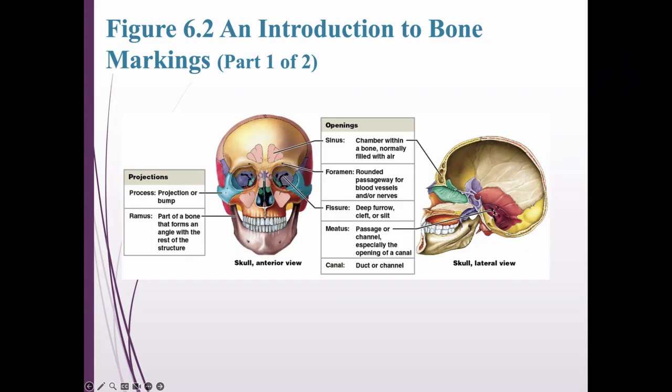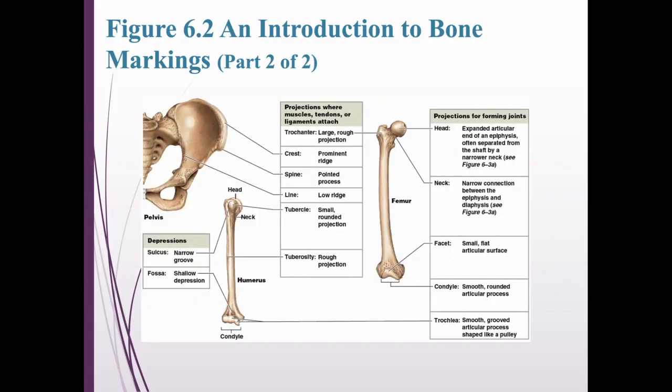Okay. So this is going to be a more distinct type of passage or channel. Canal or a duct. You're going to basically find those. It's going to be a passage from one part towards another part. It's an even deeper type of meatus.